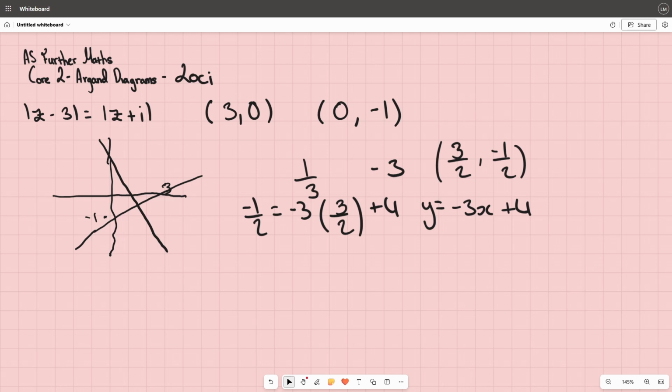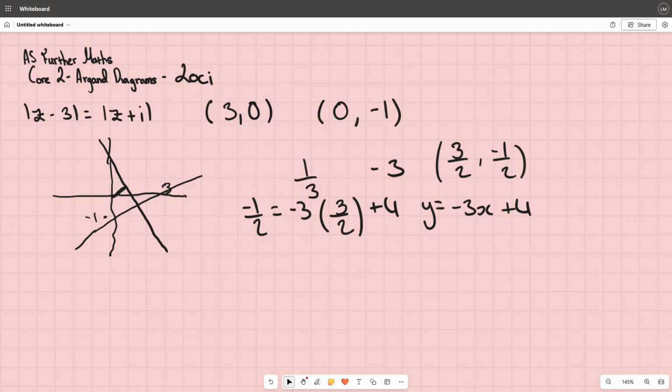Okay, and now this next part of this question asks us to find the least possible value of the magnitude of z. And this means that from the origin, we want to find the smallest magnitude to a point on this locus. So I'm just going to draw this line here, a rough estimate of the smallest value, and then we can work it out.